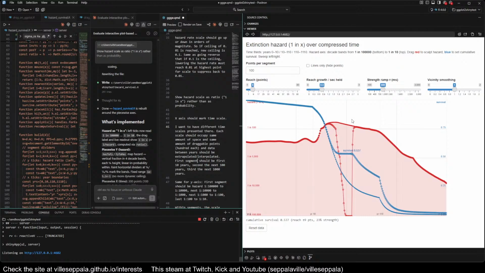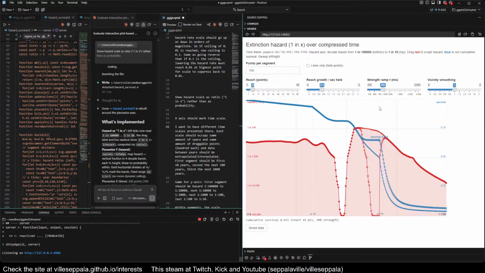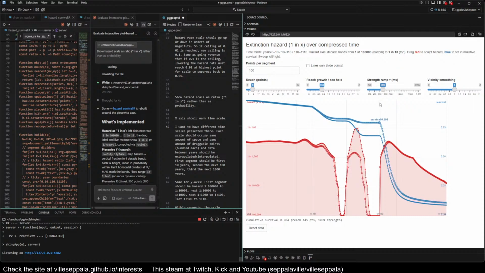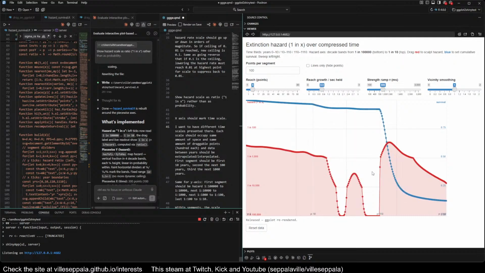What if I was only controlling... So if you go to 100 years, the survival should in actuality be quite high, probably over 90%, like that.